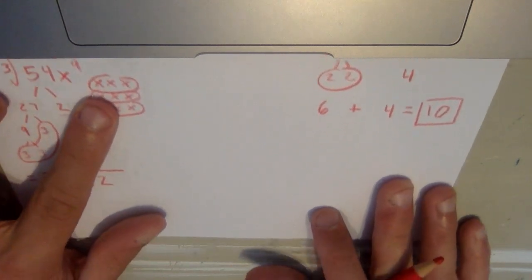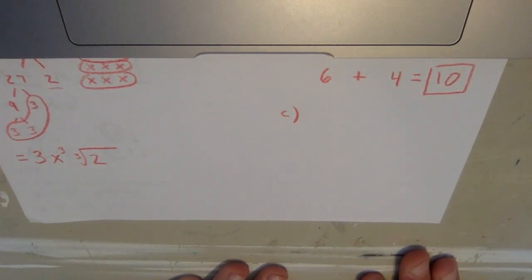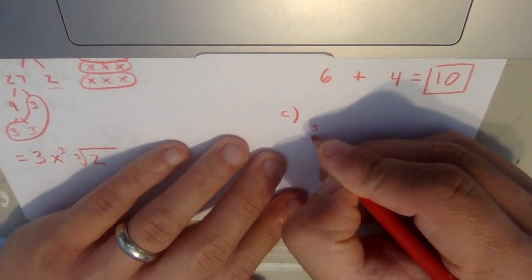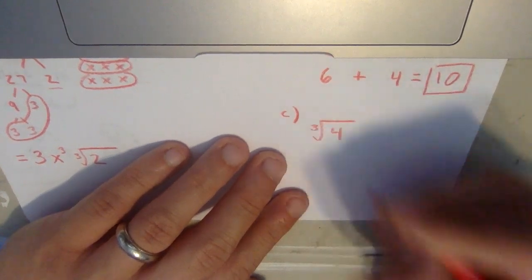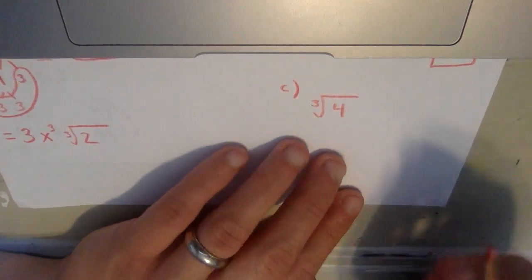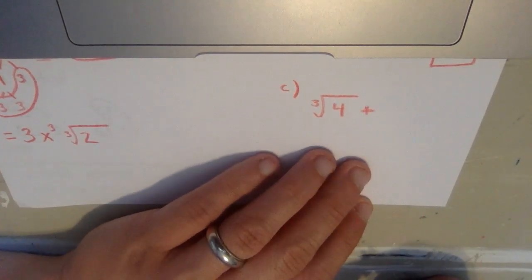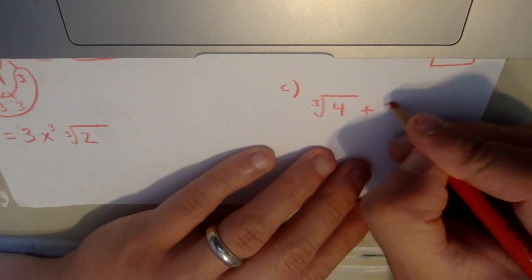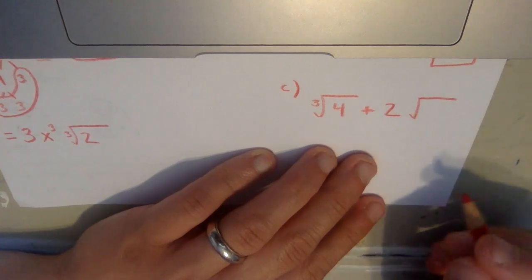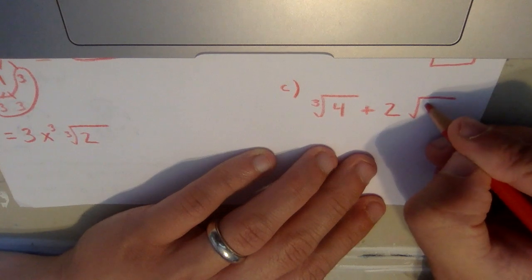Let's go to letter C. For this one, let's do the cube root of 4 plus 2 times the square root of 64.